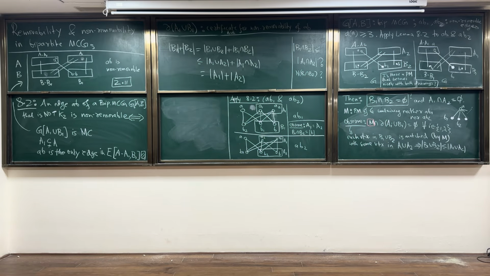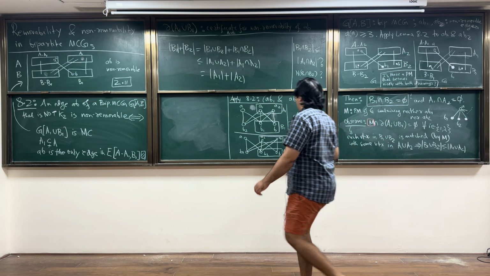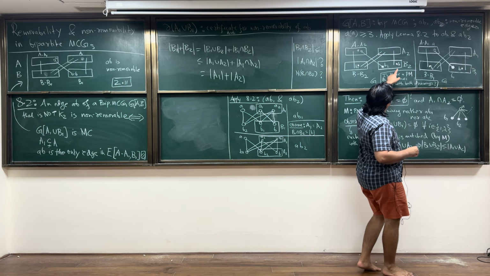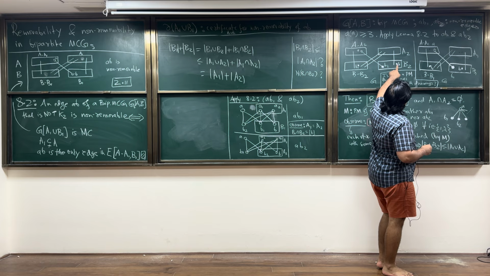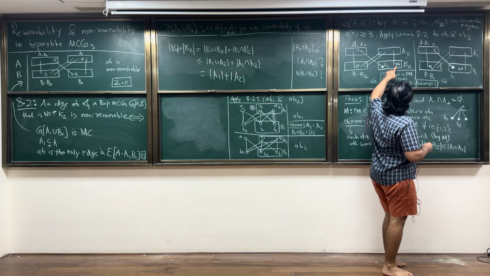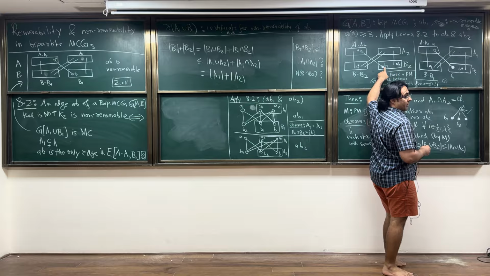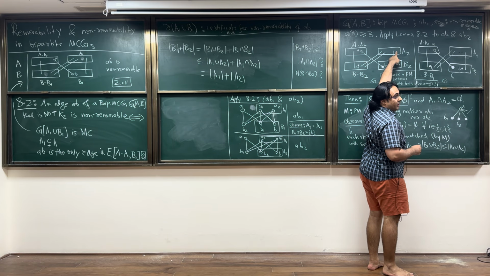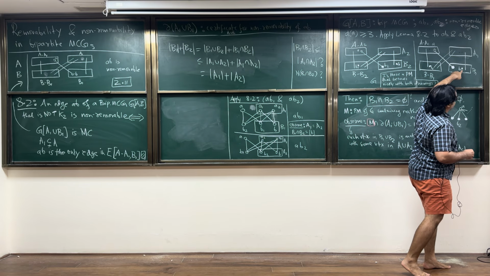Yeah, so let's make a few observations. Observe that this little b fellow, all its neighbors are actually in A2, right? Because little b is not equal to b2, and this is the only edge going like this. So all neighbors of little b are in A2. Likewise, all neighbors of little b are in A1.